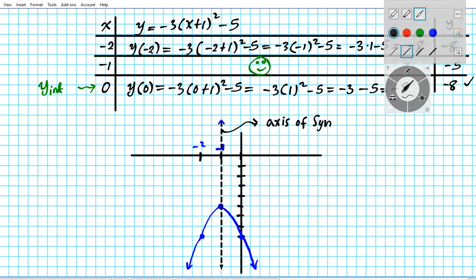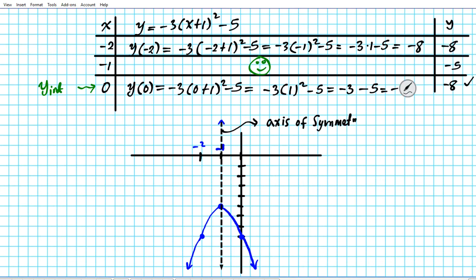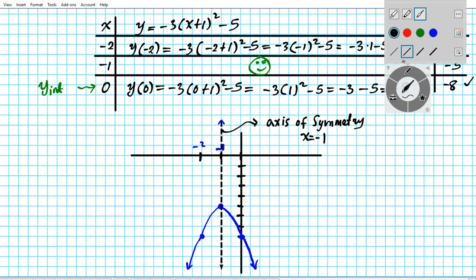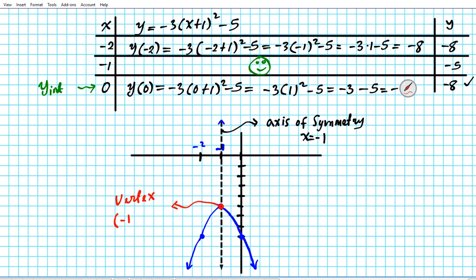It basically represents the line that breaks the graph into two identical parts. x equals -1. And then this point right here is our vertex. Okay, so our vertex, we talked about that before. Our vertex is -1, -5.